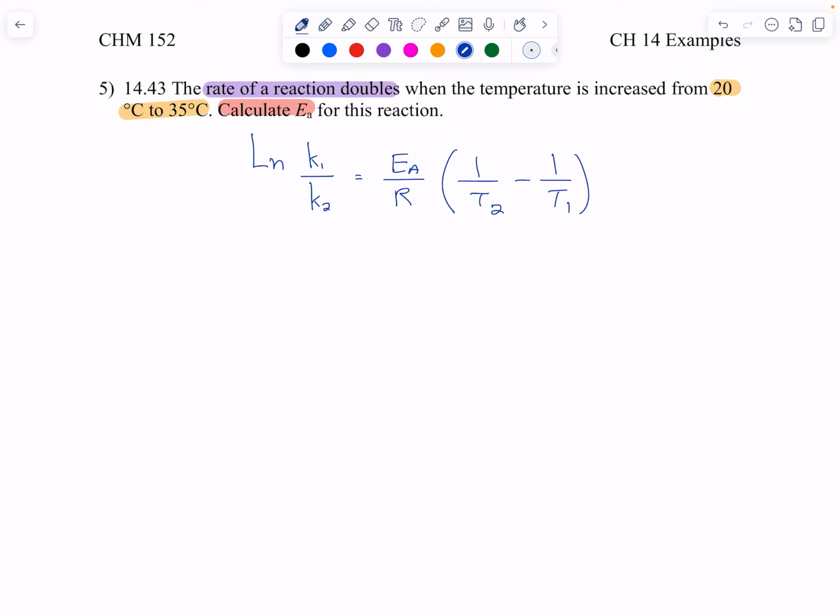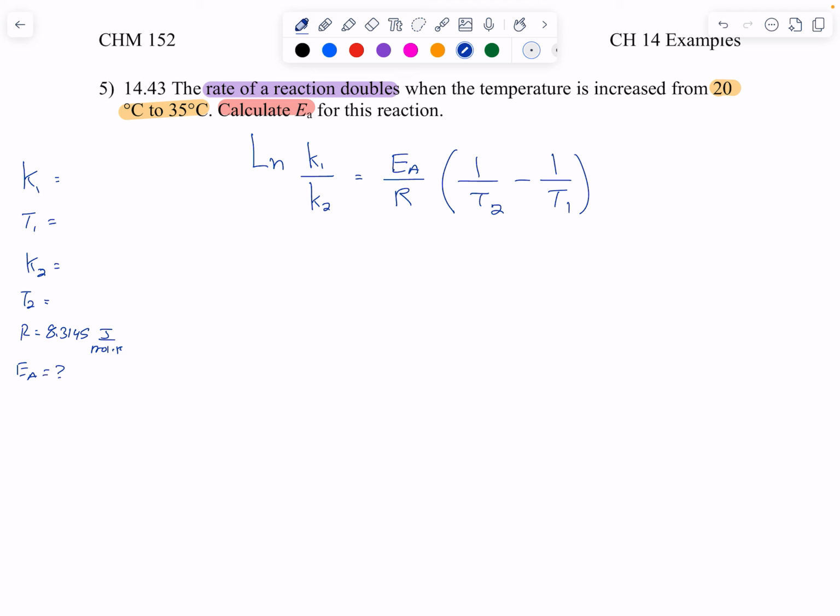All right, now, the hard part. I would write down K1, T1, K2, T2. We know what R is. R is 8.3145 joules per mole Kelvin, and EA is the question.